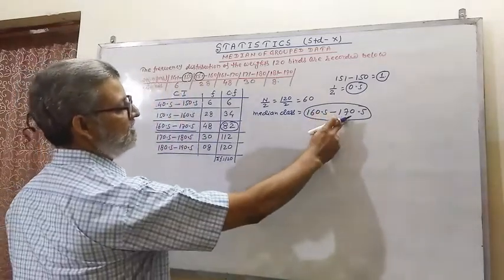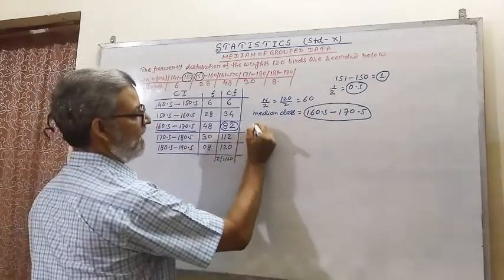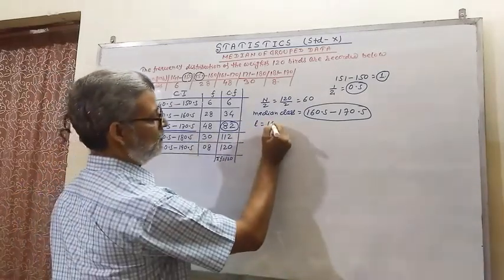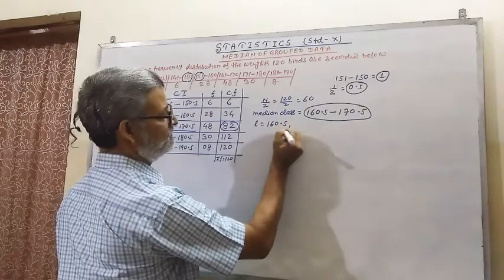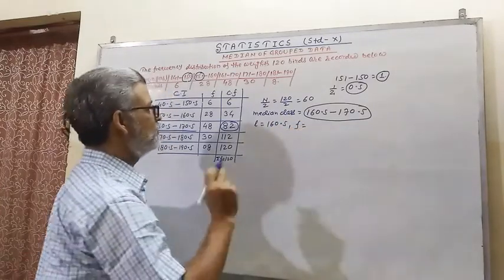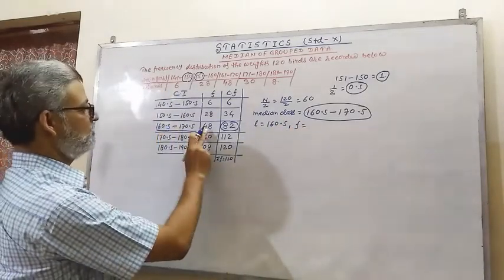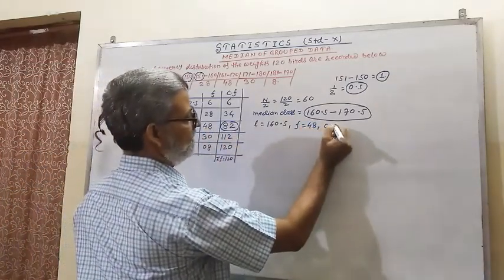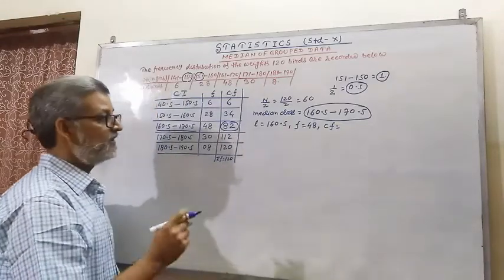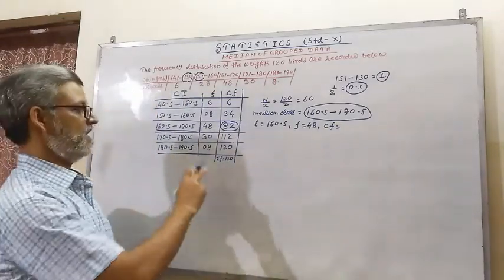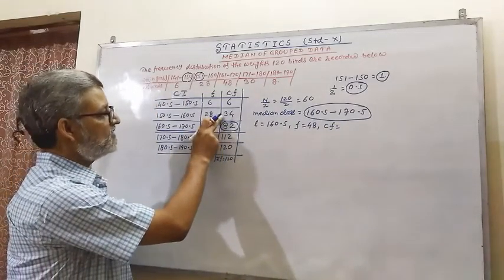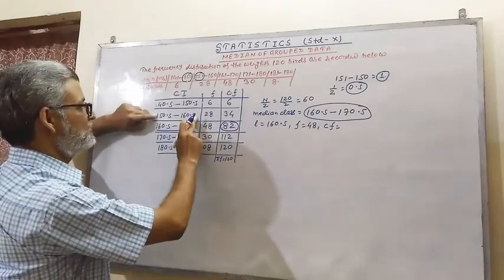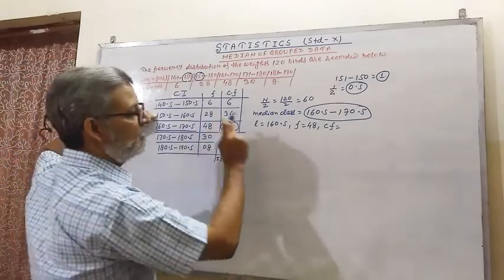Now, this is the median class. According to the formula, L is how much? Lower limit of median class, that is 160.5. F, frequency of the median class, is 48. CF, cumulative frequency preceding the median class: this is the median class, the one preceding it has cumulative frequency 34.